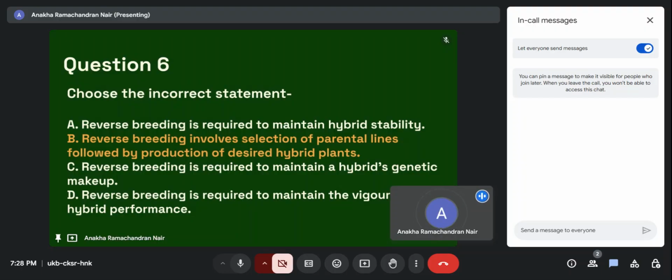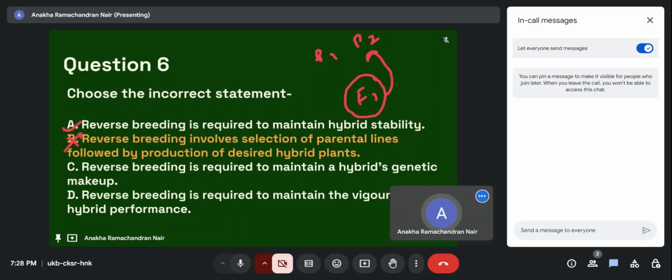So you have an F1 hybrid that has the desired characteristics, and you reverse breed so that you get parental lines P1 and P2. Crossing these will again give rise to the F1 hybrid with the desired characteristics. So it does not involve selection of parental lines, it involves the creation of parental lines. So option B is incorrect.